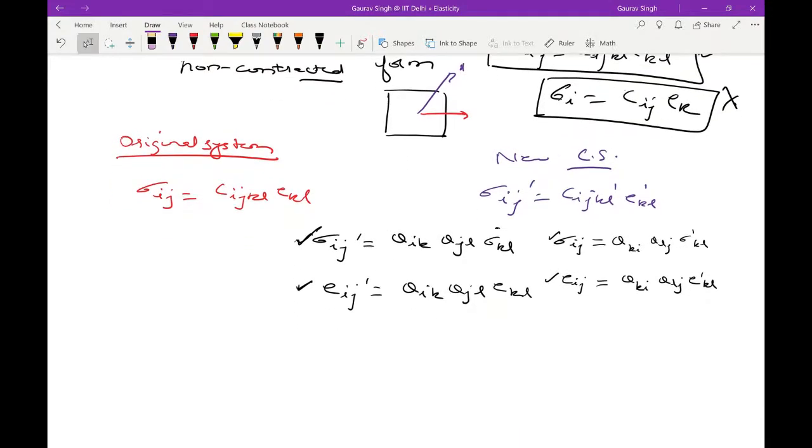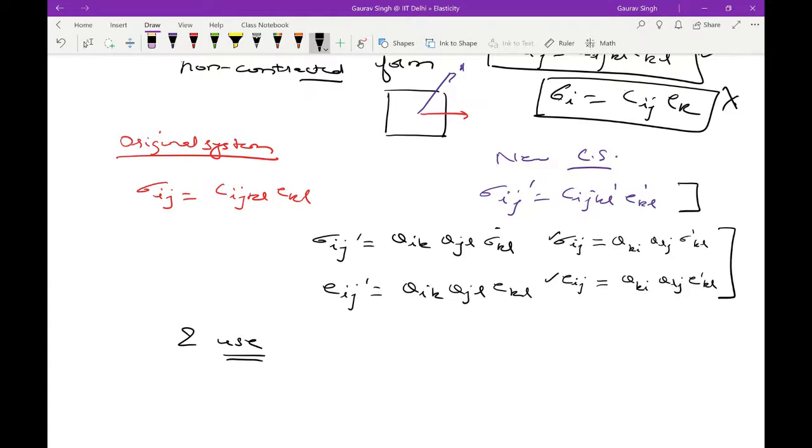Now if you combine this one and this one, and use the conditions which we had learned earlier, I think we had also used it somewhere in the discussion on stresses.